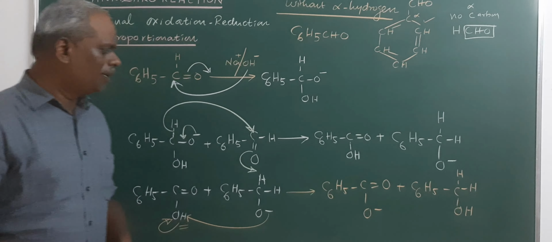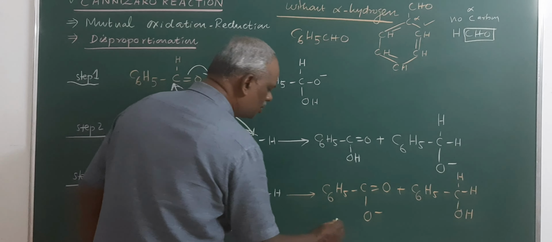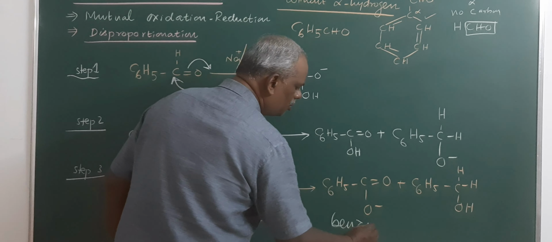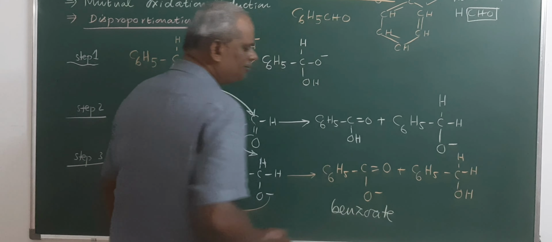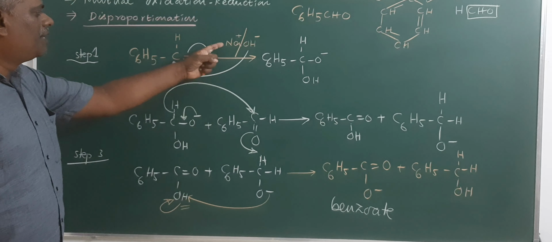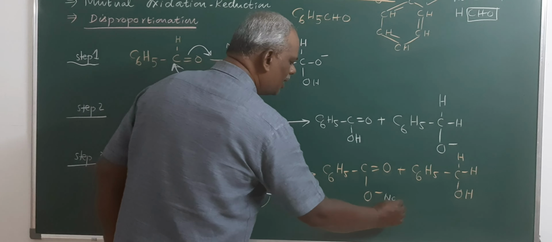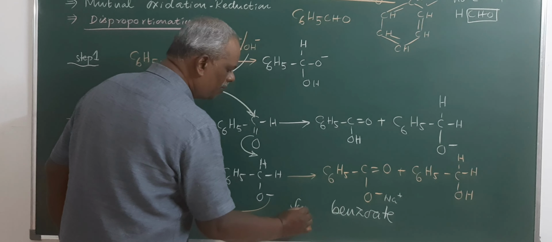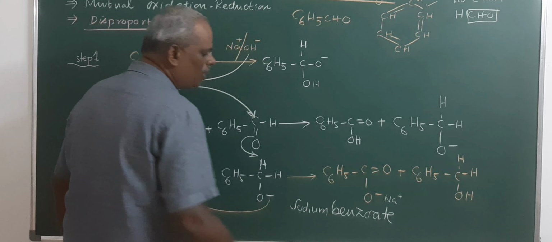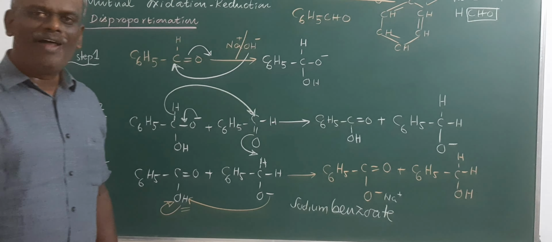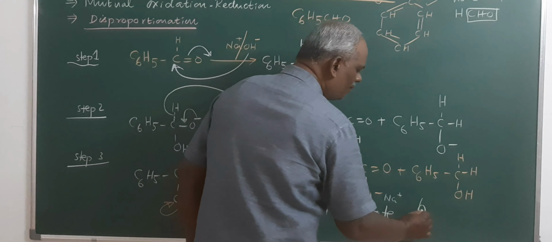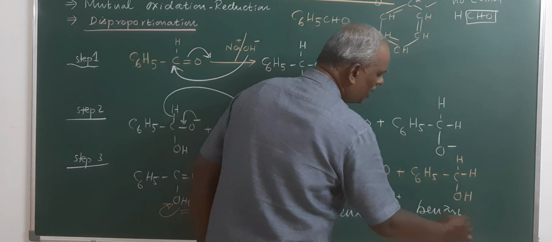So one of the substances is benzoate. This is the benzoate that we are obtaining. As we started with sodium hydroxide, the Na can be attached to this at the end. So the final product might be sodium benzoate, one of the compounds. The other one is an aromatic alcohol. The name of the alcohol is benzyl alcohol.